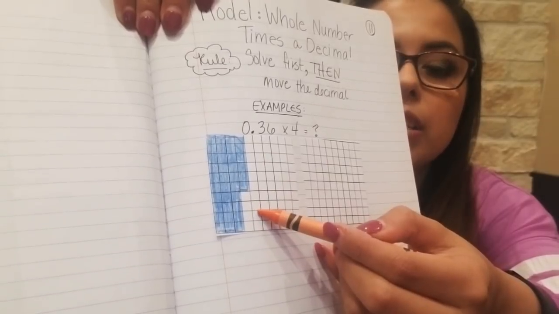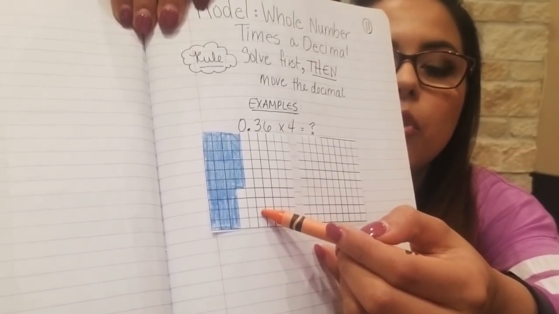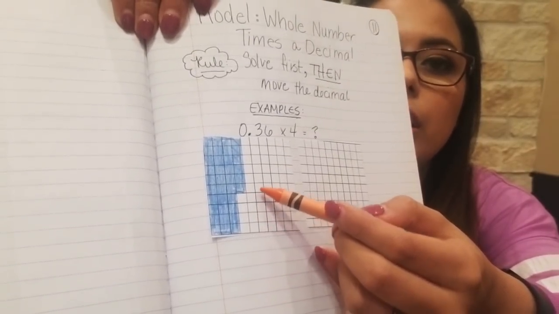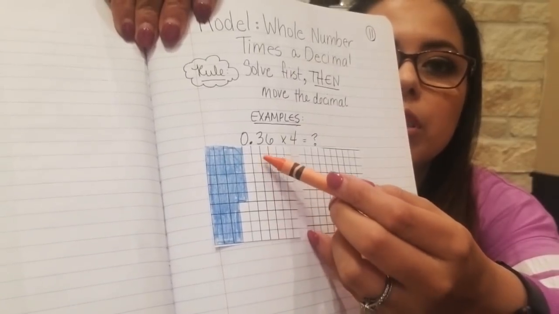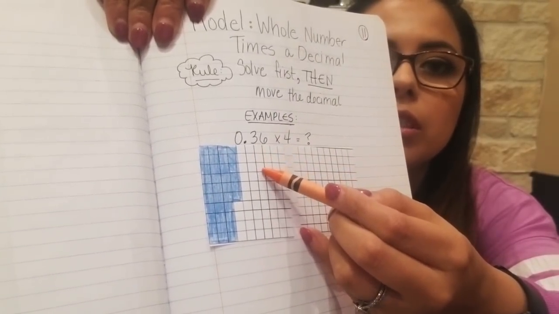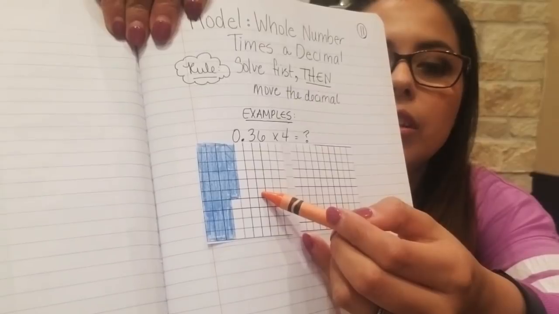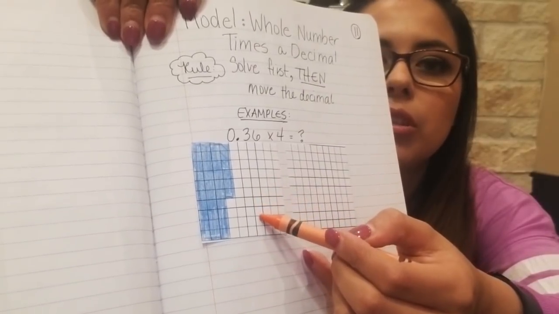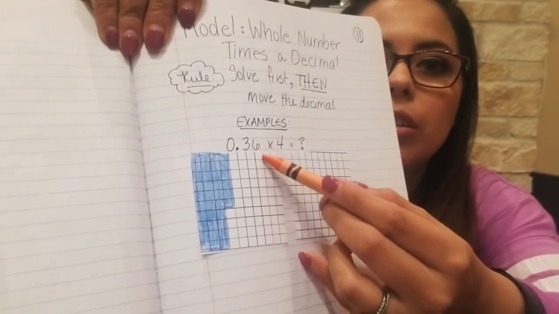So 4 and 10 is 14, plus 10 more would give me 24, and then I'm going to start up here, 25, 26, 27, 28, 29, 30, 31, 32, 33, 34, 35, and 36. So I have to be extra careful when I'm counting here. Wherever you stopped, you're going to continue coloring from there.